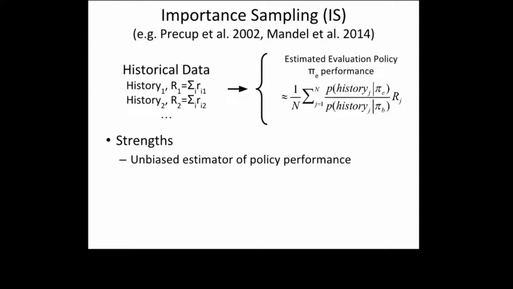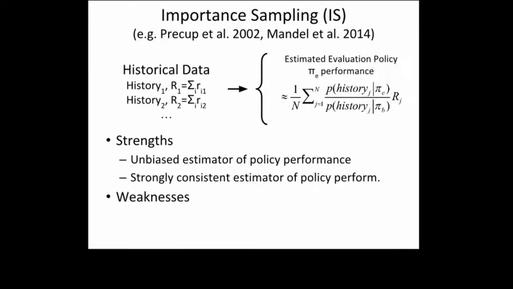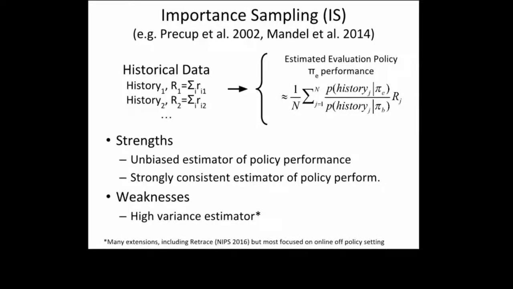Now, there are a number of nice strengths about this. It gives us an unbiased estimator of the policy performance under some mild assumptions about the differences between the evaluated policy and the behavior policy. And it's also strongly consistent under those same assumptions. But the weakness is that this can be an extremely high variance estimator.